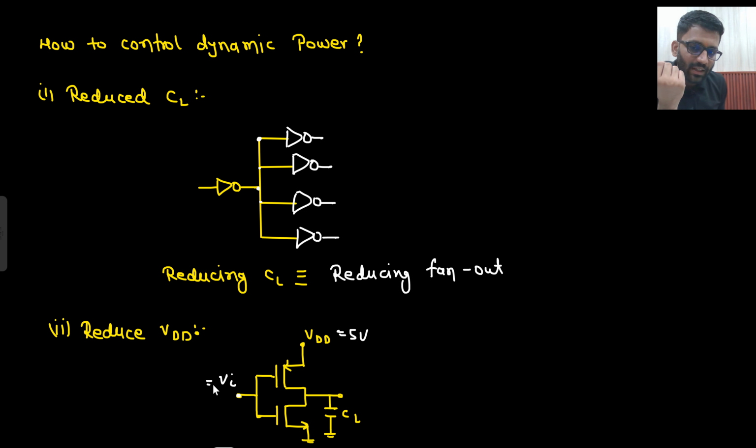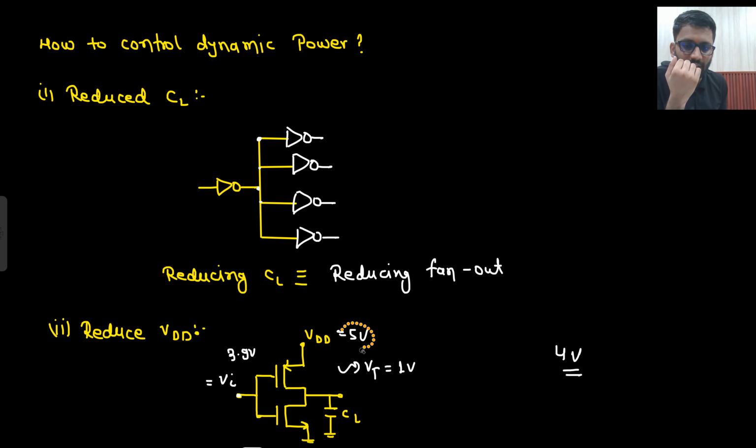I am considering VT equals 1 volt, VTP and VTN all are 1 volt. So if my V in is 4 volt, then this transistor will turn on. And if my V in is 3.9 volt as well, then also it will turn on. So the maximum voltage that I can apply to turn on this transistor is 4 volt.